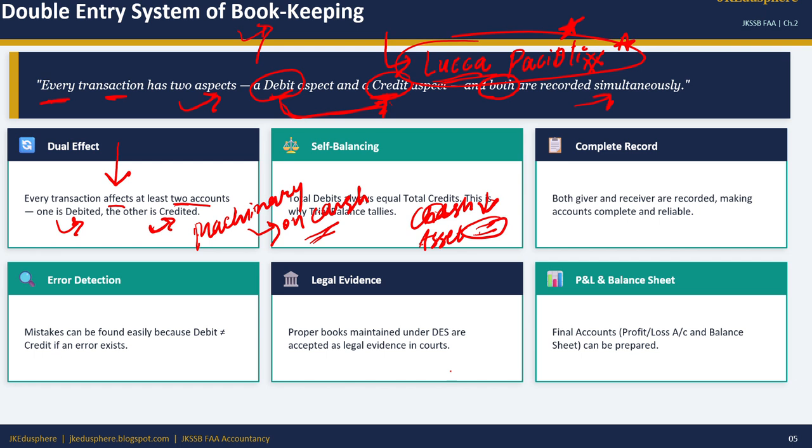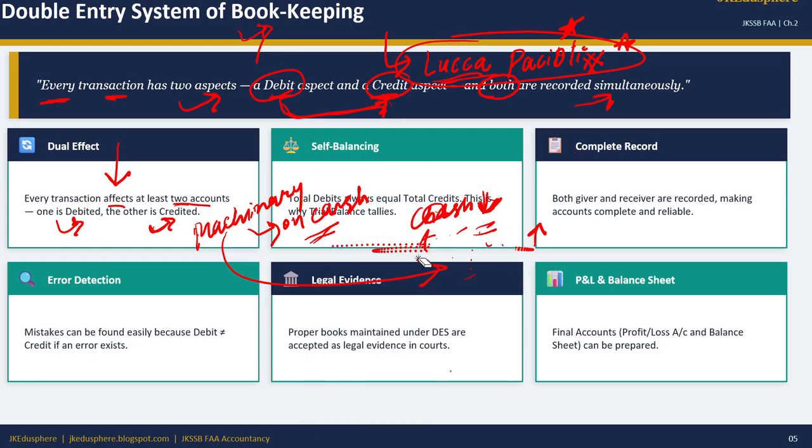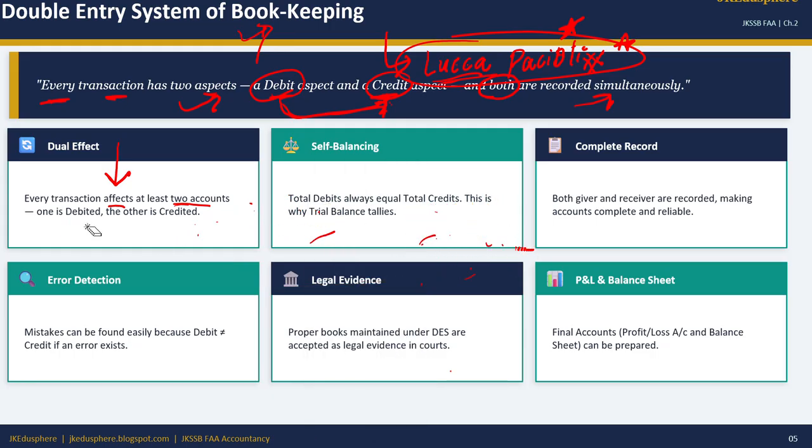Right? How? Cash will decrease, but capital will increase. Right? Capital will increase as machinery is added. Right? So this is something that we need to remember, that every transaction affects at least two accounts.